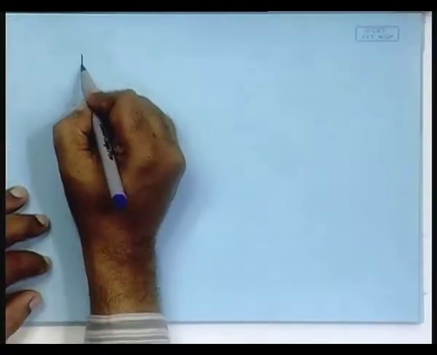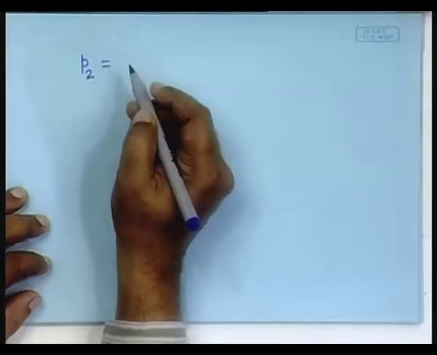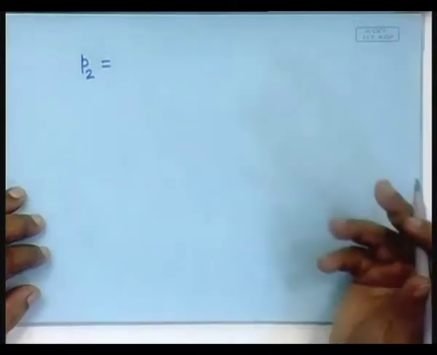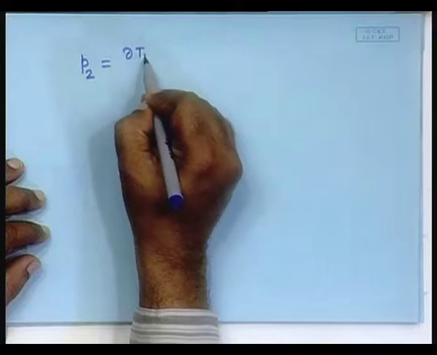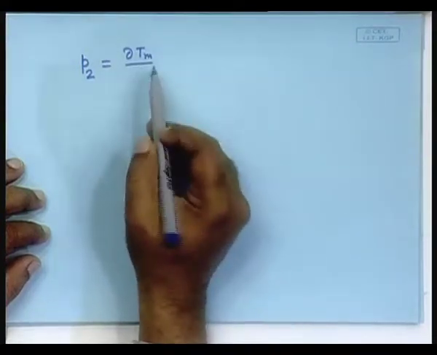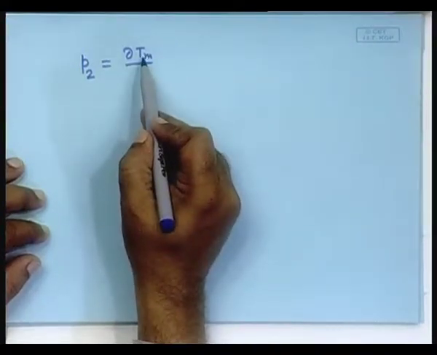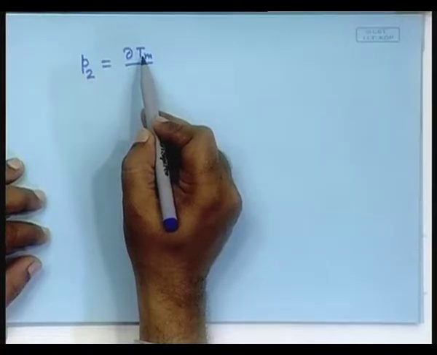So, P2 is basically the derivative of the Lagrangian we had written, because the derivative of the potential with respect to q dot was 0.